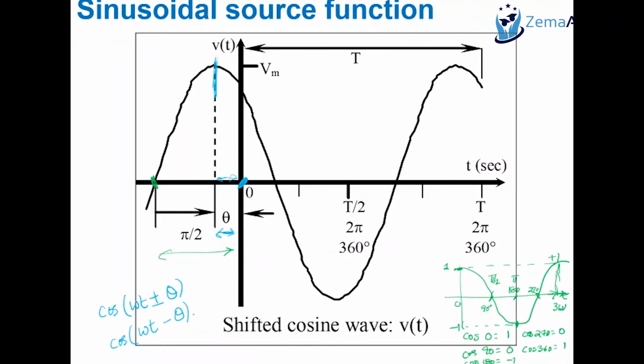And if it is a minus, would you call it a lag or a lead? Lead, because the waveform is starting ahead of the 0. And where it starts after, it's called a lag. And then often it's written as cosine omega t plus theta.